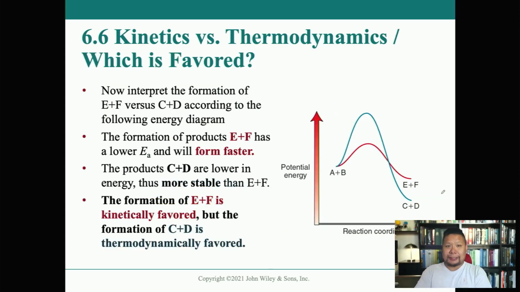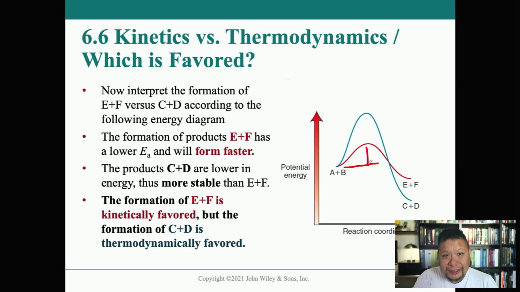So here is a reaction that's not going to have a product that is both kinetically and thermodynamically favored. In terms of the formation of E and F versus C and D, according to this diagram, the formation of the products E and F has a lower activation energy, right here.